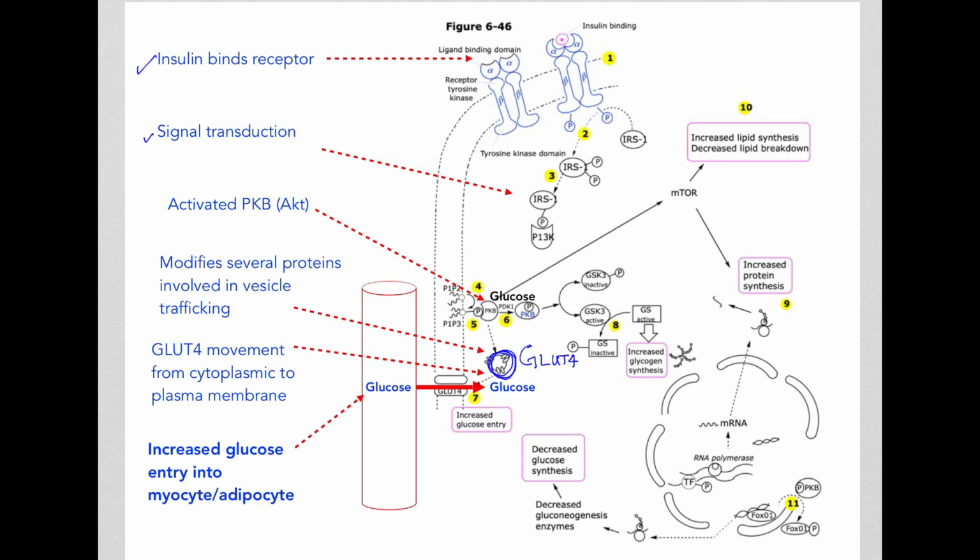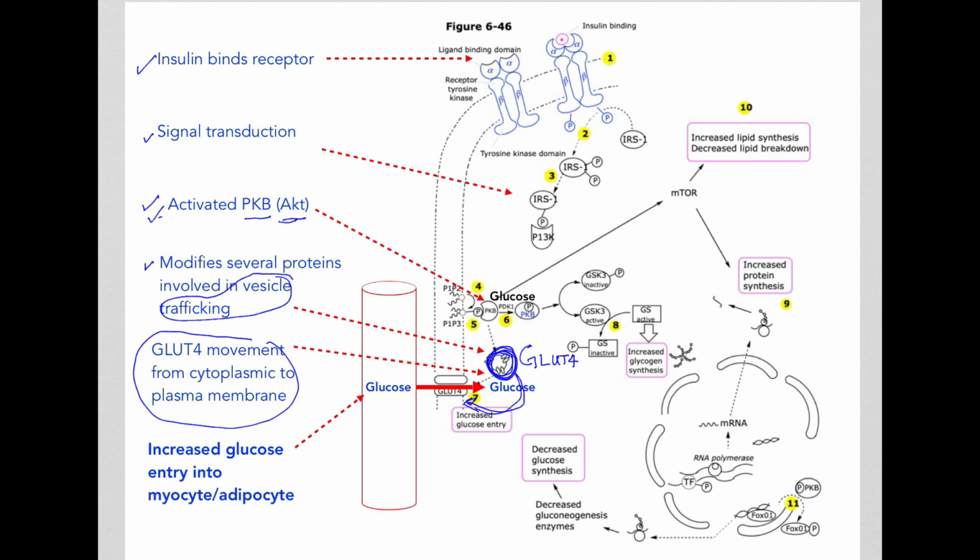And one of the effects of this pathway is that the enzyme protein kinase B, also called AKT, will become activated. This PKB will then phosphorylate several proteins that are involved in vesicle trafficking, basically sending the vesicles from the cytoplasm to the plasma membrane. And this causes an increased movement of GLUT4 from the cytoplasm to the plasma membrane.